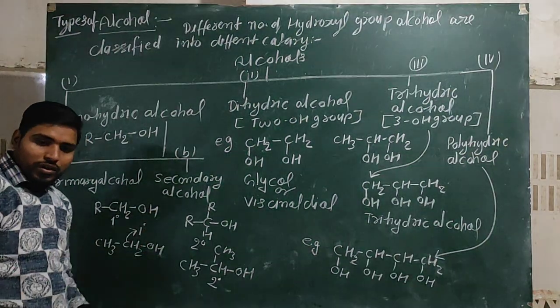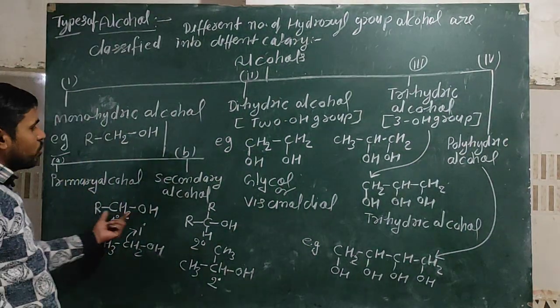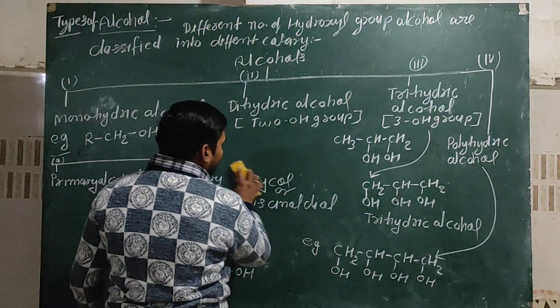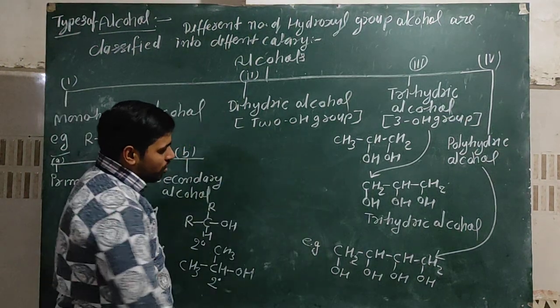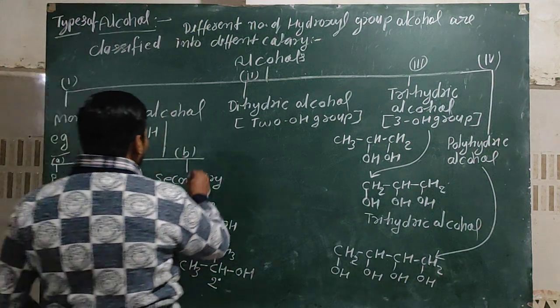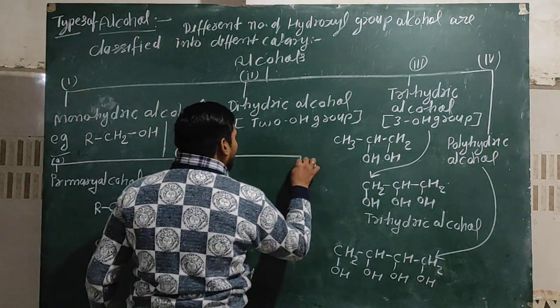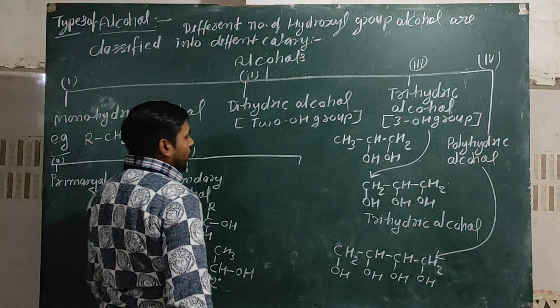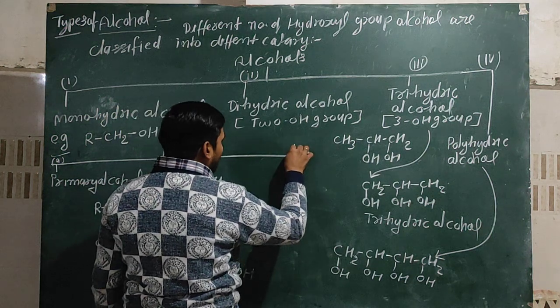Okay, after learning about 1 degree and 2 degree carbon, 1 degree and 2 degree alcohol, we try to understand what a 3 degree carbon is, or what a tertiary alcohol or 3 degree alcohol is.